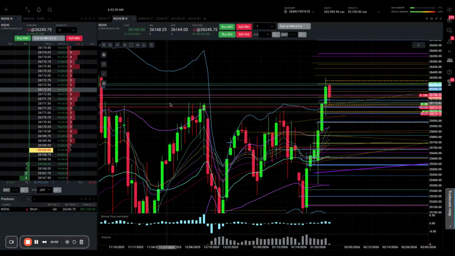Now, if we don't hold this area, say we drop below this area, guys, into our bound zones.